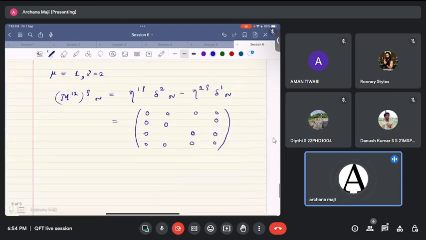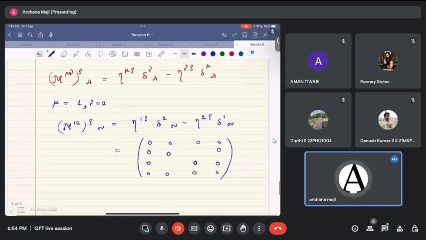Okay, so let's see what are these two elements. So what is this element? This is rho equal to 1 and sigma equal to 2. So that's 1 coming from the first term. No, minus 1, because eta 1 is minus 1. Okay, and this element corresponds to rho equal to 2 and sigma equal to 1.